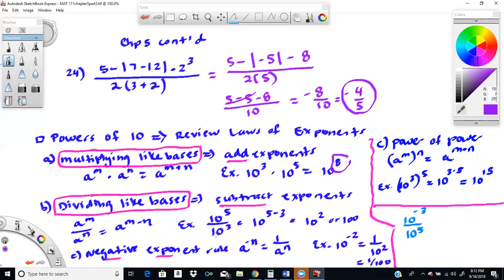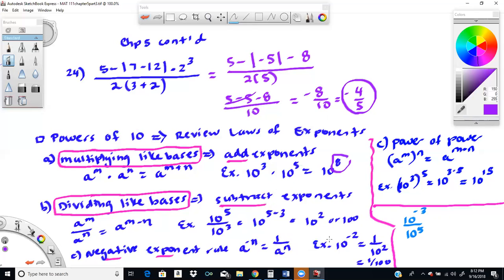Now, sometimes you might end up with a negative exponent, and you don't want to have a negative exponent as part of your answer. So a to the negative n is equal to 1 over a to the n. Now, when we move to scientific notation or engineering notation, it's okay to have negative exponents.